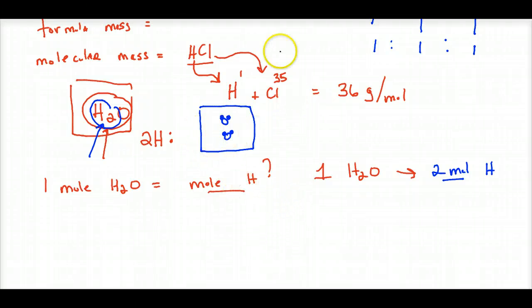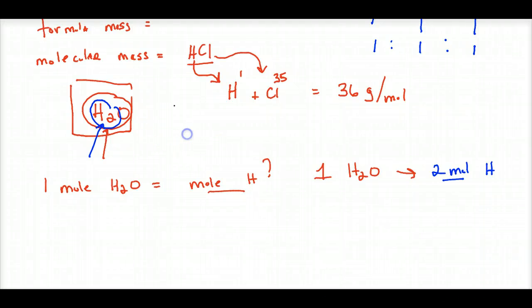So when we're doing formula masses or molecular mass, we're just counting up how many of the individual atoms per mole and adding the total up. So for water, the molecular mass would be 2 H's, there's 2 moles of hydrogens, so 2 times the mass of 1 mole of H, which is 1. It was 1.007, I think, we rounded that off, equals 2.